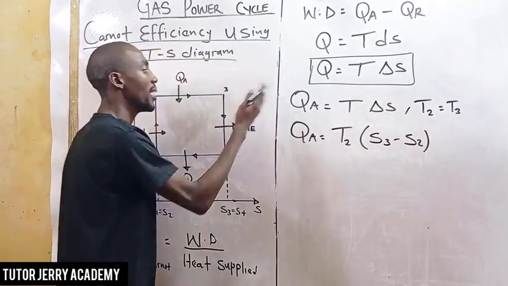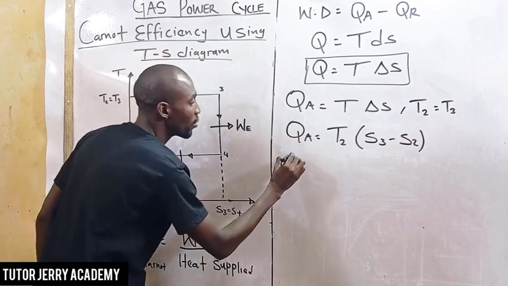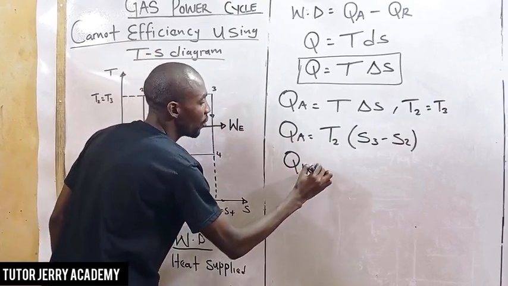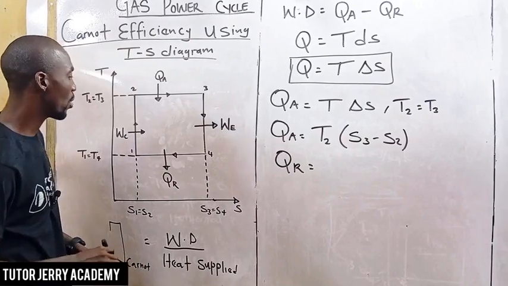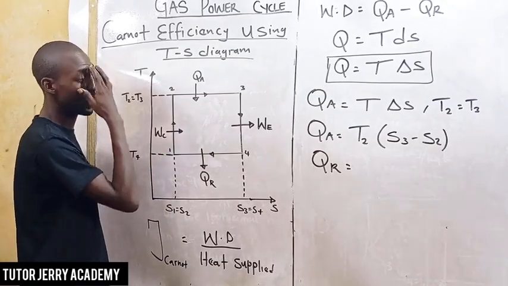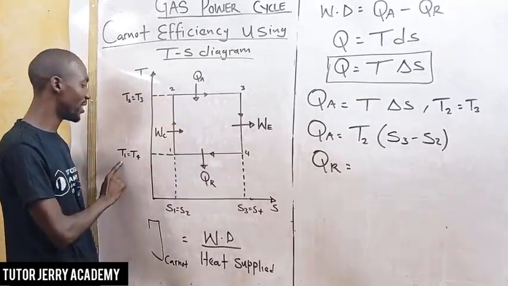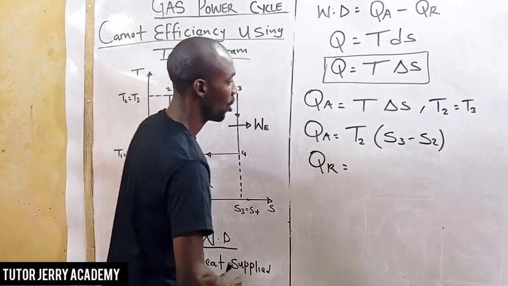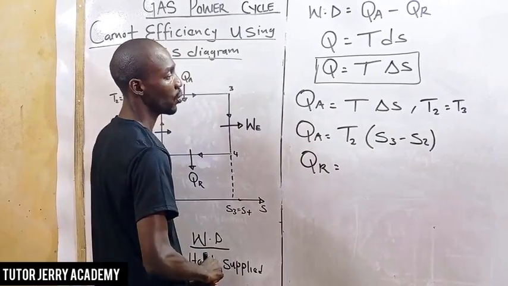All right, let's apply this to QR as well. Our QR is between state 4 and state 1. The temperature there, T1, is equal to T4.